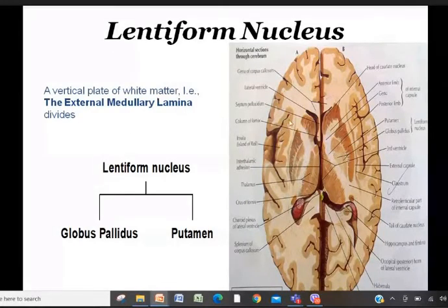The lentiform nucleus is divided by white matter, the external medullary lamina, into putamen and globus pallidus. Please remember this. Whenever we ask what the parts of the lentiform nucleus are, don't confuse; you have to say globus pallidus and putamen. This should be on the tip of your tongue. Okay?